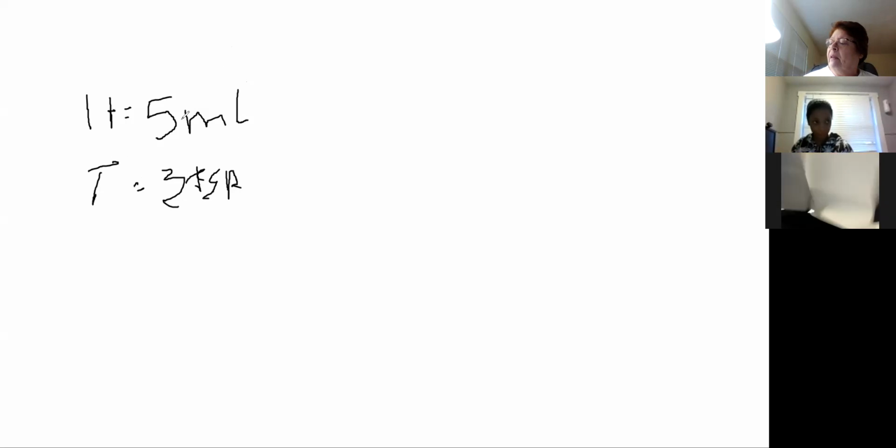So 1 tablespoon equals 3 teaspoons. Each teaspoon is 5 milliliters, so that gives us 15 milliliters per tablespoon, right?